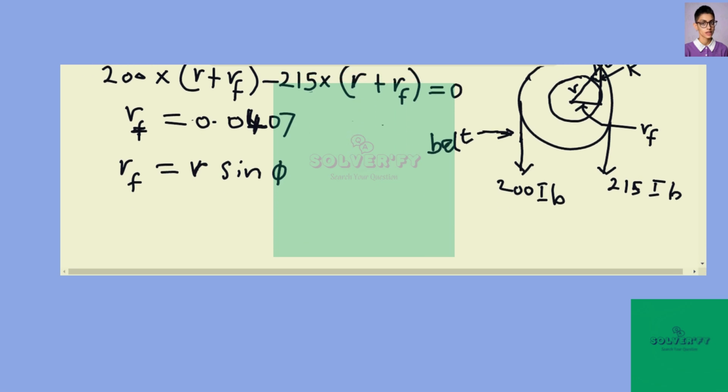So if we plug in values, sine phi_k will give us r_f, which we have already found, over r, the radius of the shaft. Let's just call it R_s, the radius of the shaft.